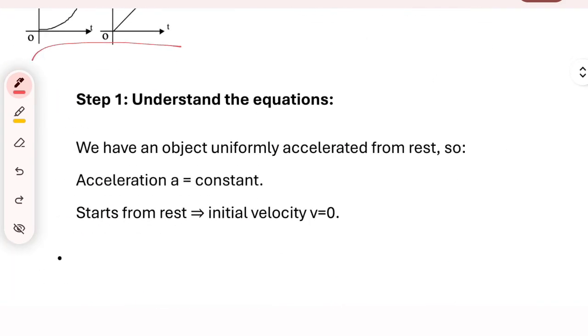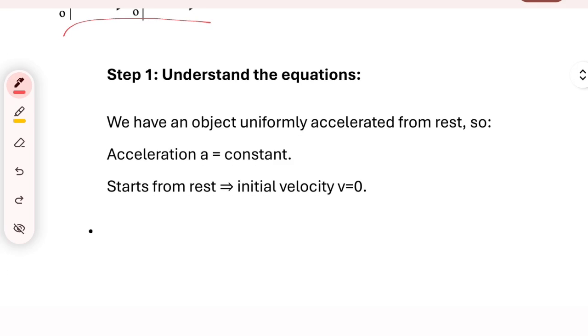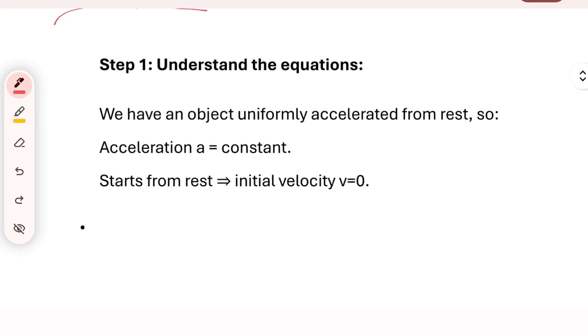Step one is, like what we did in the previous videos, we need to understand the equations. We have an object that's uniformly accelerated from rest. Uniformly accelerated means the acceleration is constant.